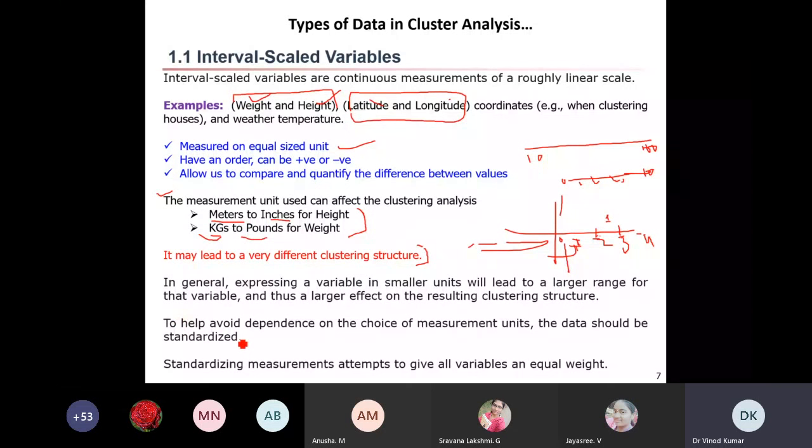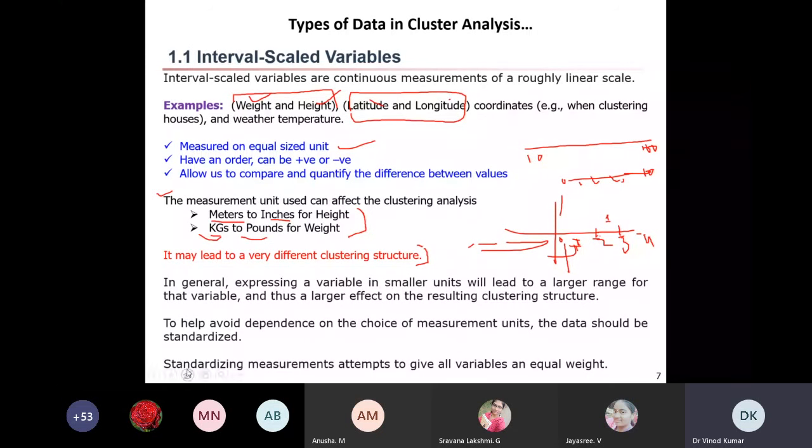To help avoid dependence on the choice of measurement unit, the data should be standardized. If you standardize the data, there will be no effect of what units you are using, because it is now independent of any unit, whether meters, kilograms, or liters.